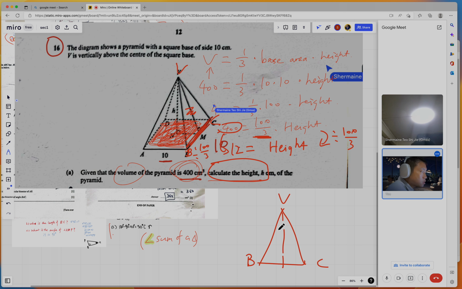Wait, the height is not this one. I just realized the height is this one. This is 12, right? And then this is what? The entire thing is 10, so half of it is how much?